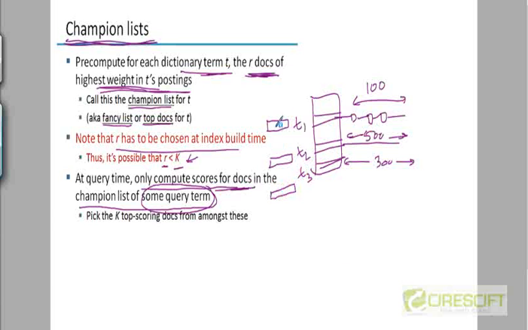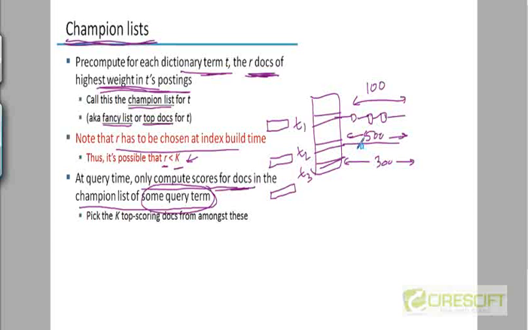Conceptually, you can mark the documents that appear in a champion list in different ways. Maybe you can just have an extra field here telling us whether or not this particular doc ID belongs to the champion list for this term. You can store the members of the champion list by marking them as members within the postings list itself.